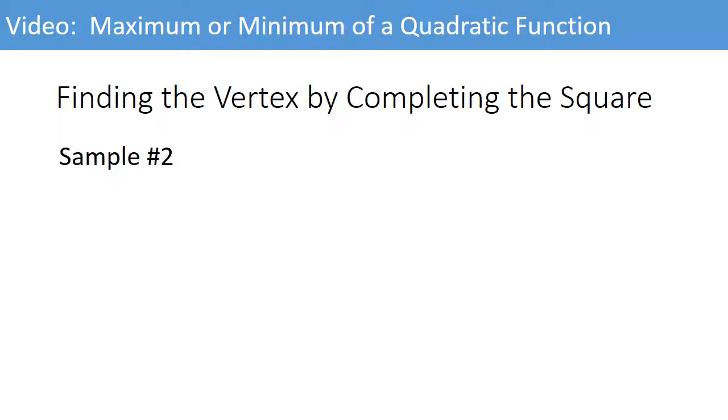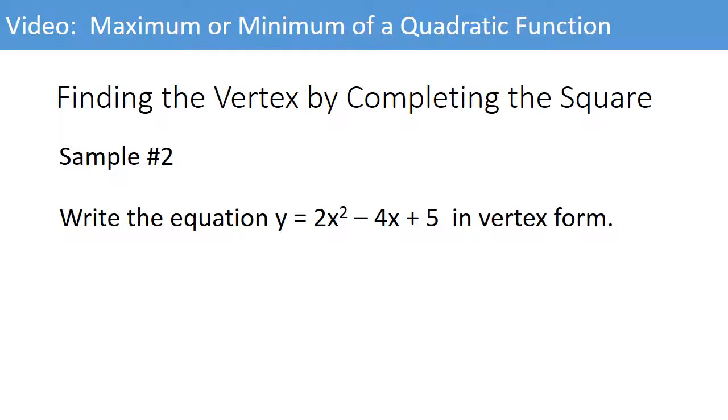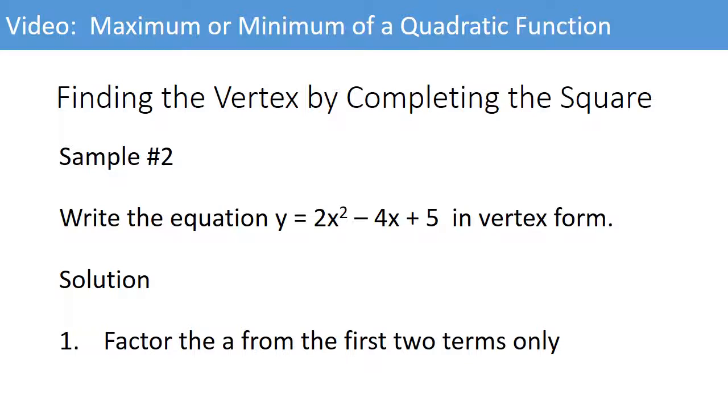Now, let's take a look at a second example. Write the equation y equals 2x squared minus 4x plus 5 in vertex form. So the solution: factor the a from the first two terms only.